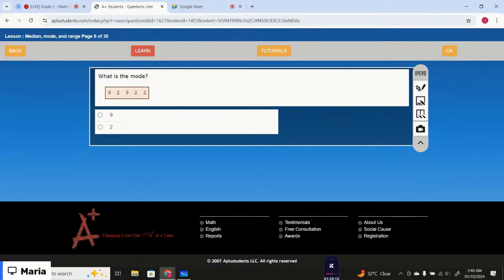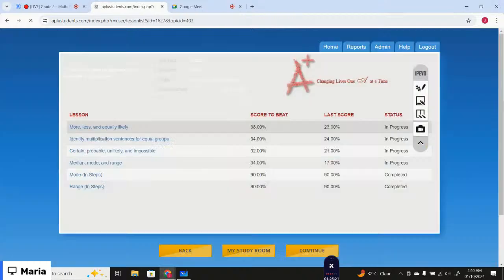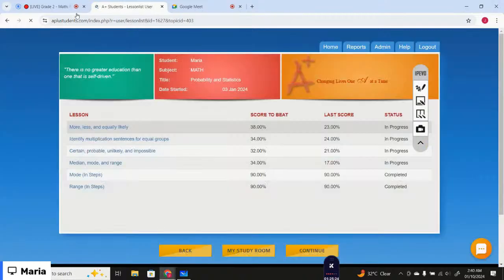So we were working on grade 2 math. The chapter we were working on is probability and statistics. And the lessons we have covered today are more, less, and equally likely, identify multiplication sentences for equal groups, certain, probable, unlikely, and impossible, mean, median, mode, and range, right?